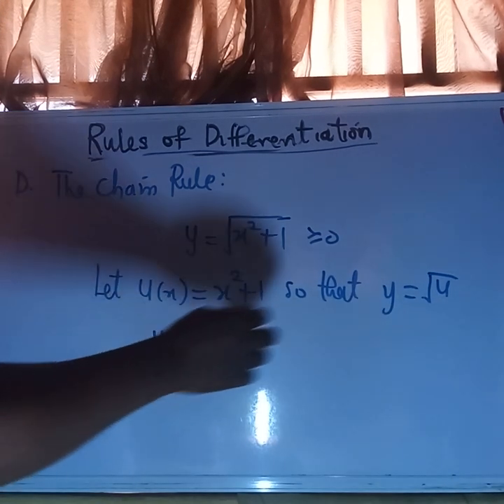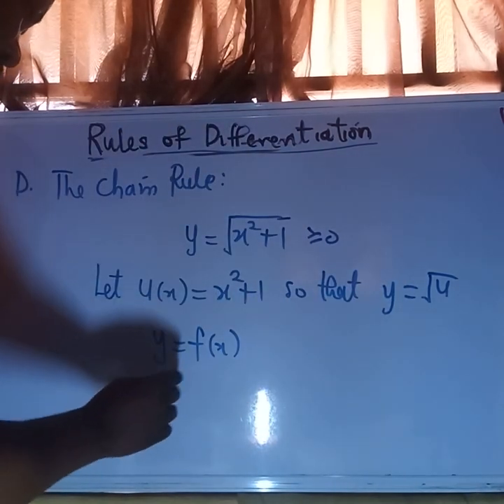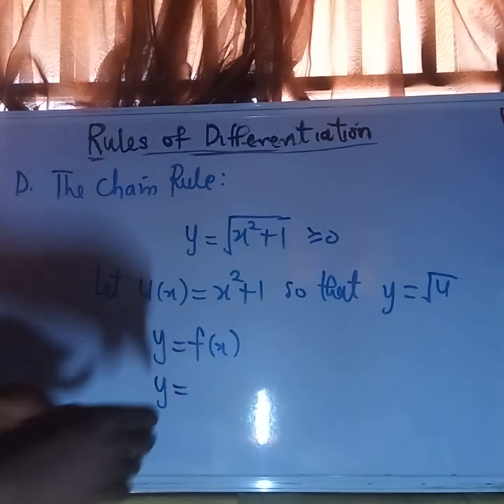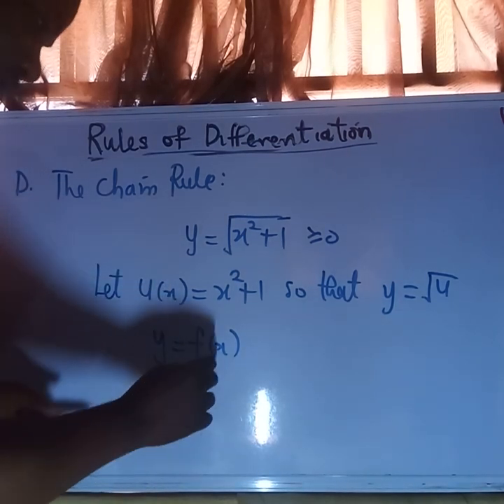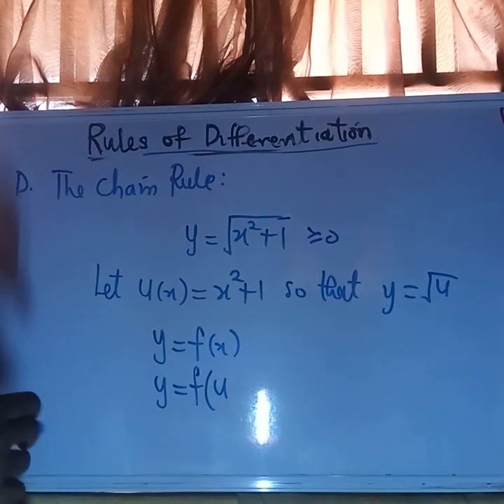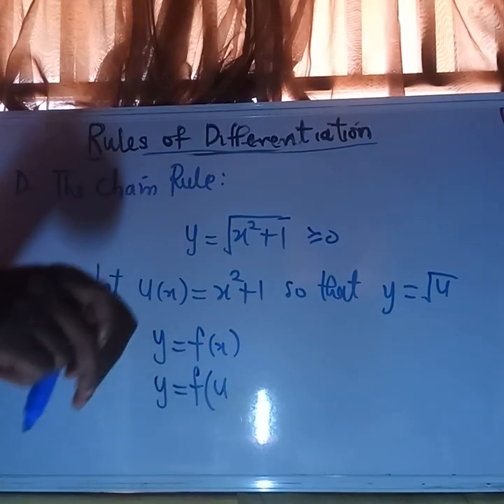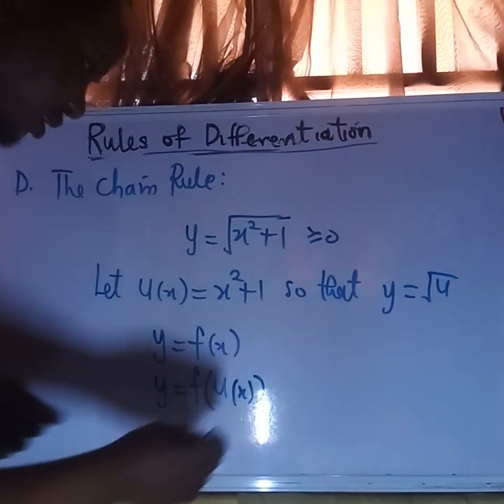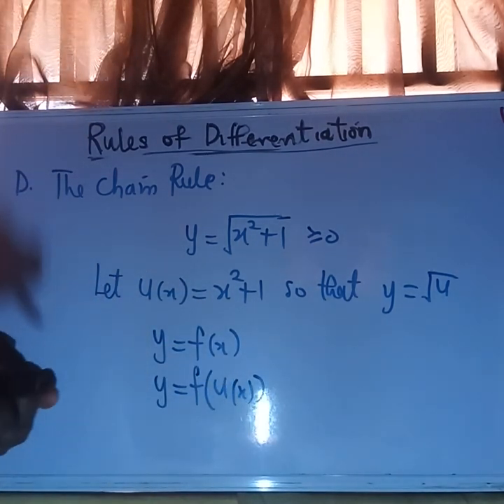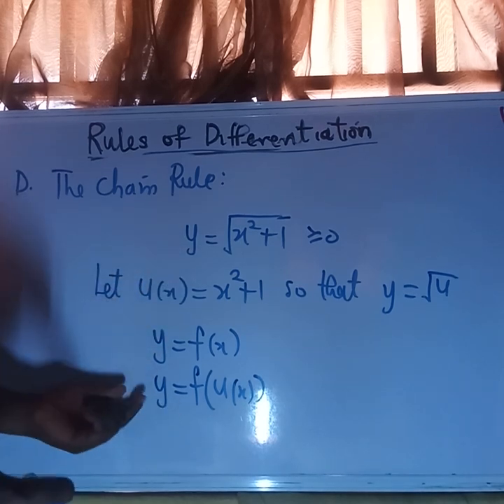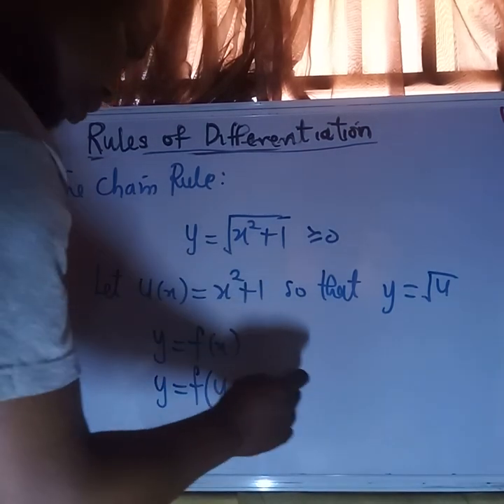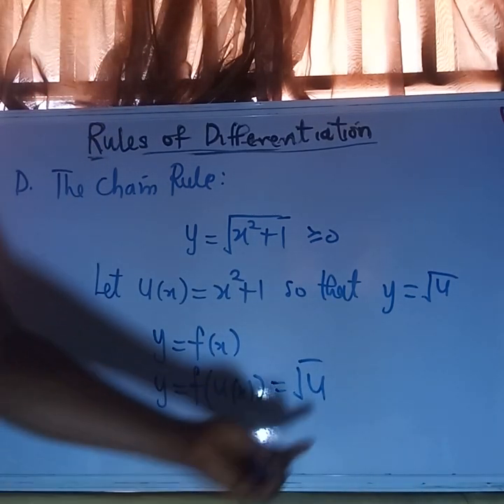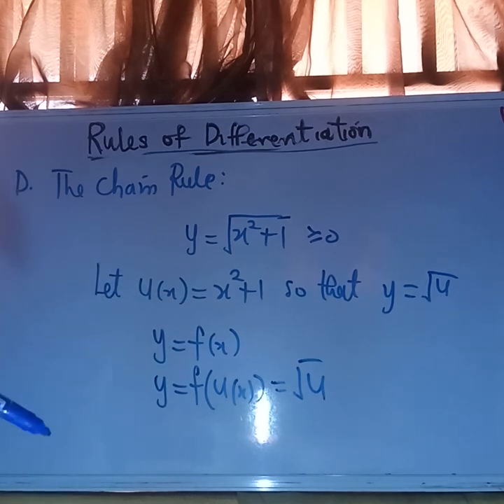Because of that, this y does not go to x directly, but y goes to u. So this y is now a function of u, which is another function inside it. And then, as you can see here, this u is an expression of x, where u is given by this term.